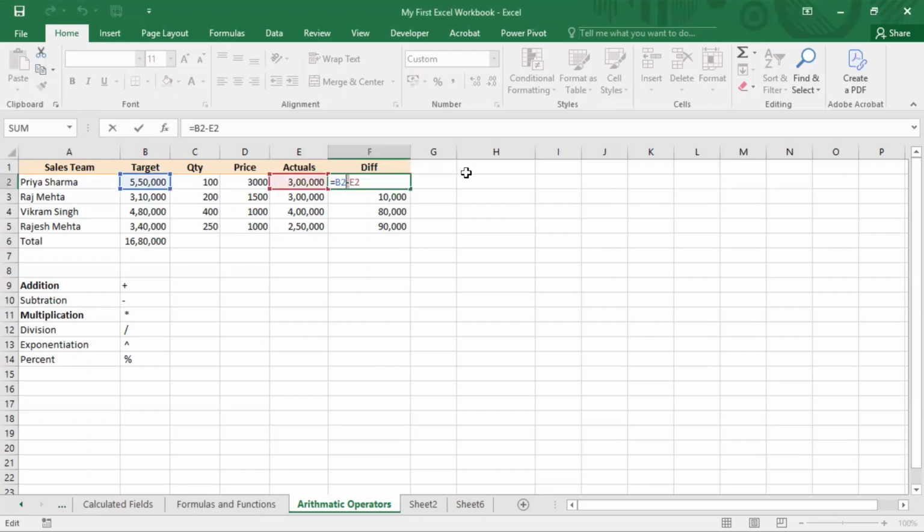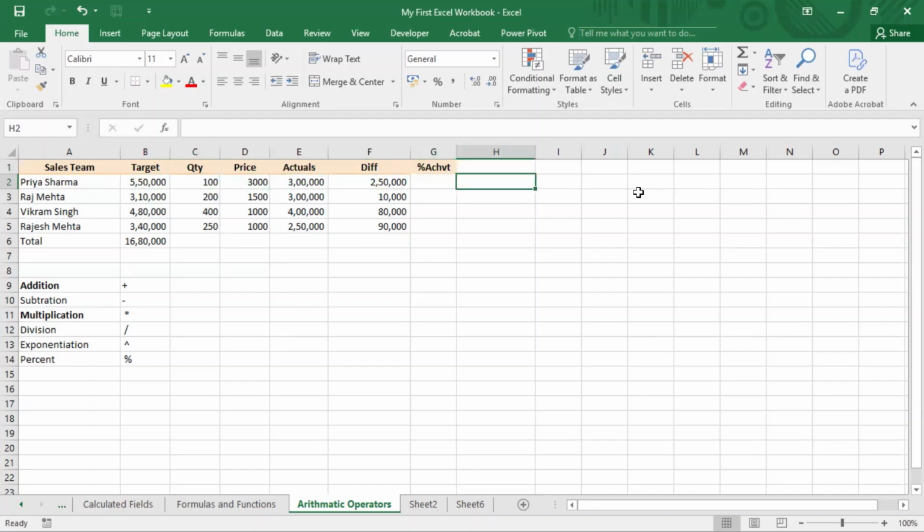Now I want to know the percentage achievement. For that, I need to divide the actuals by the target. So I'll say equal to my achievement, that was actuals, divided by my target, will give my percent achievement. So that is 54%.